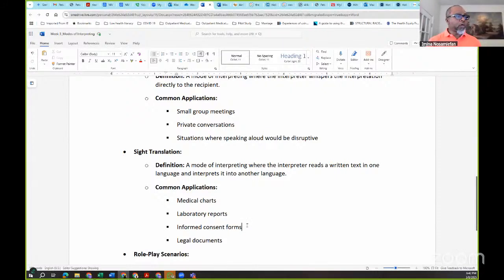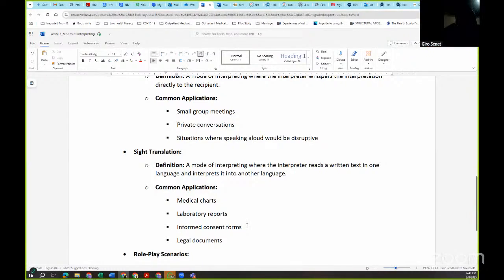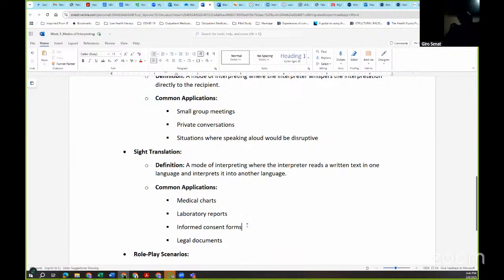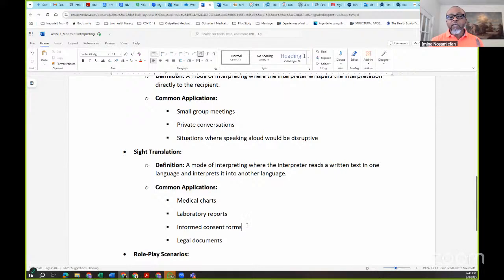So you don't call it sight interpretation, you call it sight translation. Even though you are interpreting, you call it translation. What determines whether it is interpretation or translation is whether the source of the message is verbal or written. If it's verbal, you are interpreting. If it's written, you are translating.